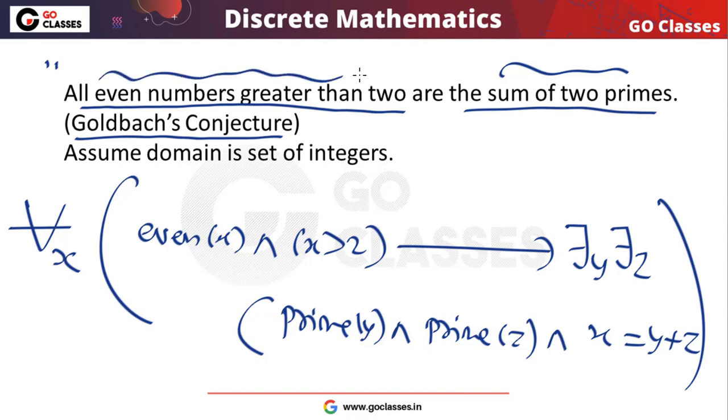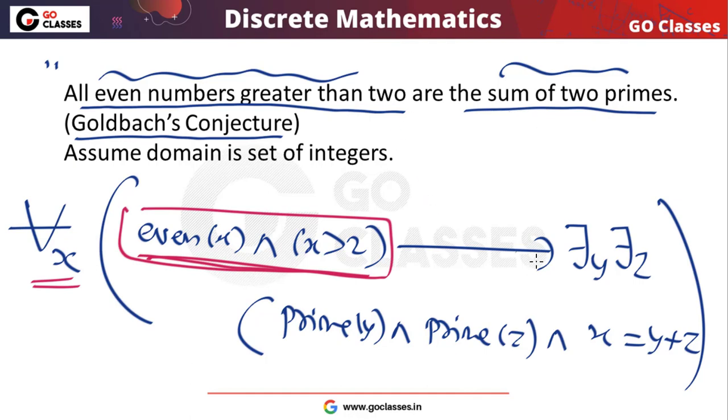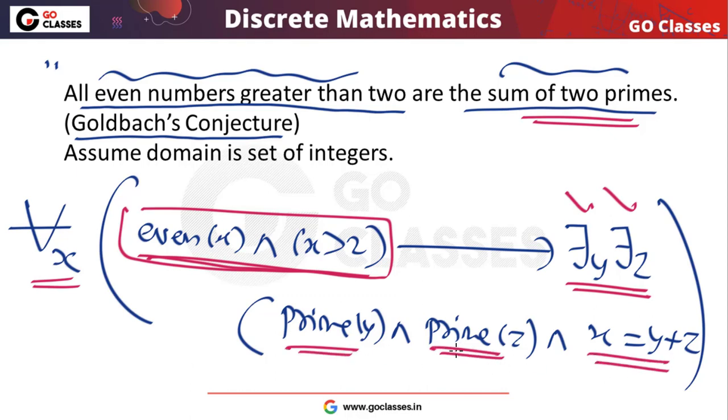For all even numbers greater than 2, for all x, if x is even and greater than 2, then x must be the summation of two prime numbers. There should exist y and z such that y is prime, z is prime, and x equals y plus z. So this is how you can write it.